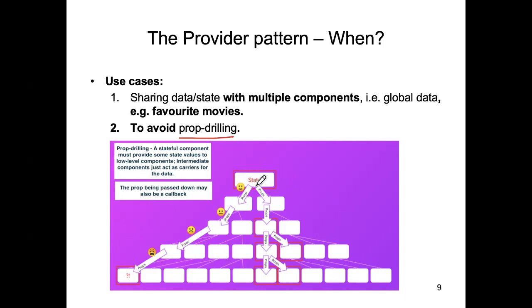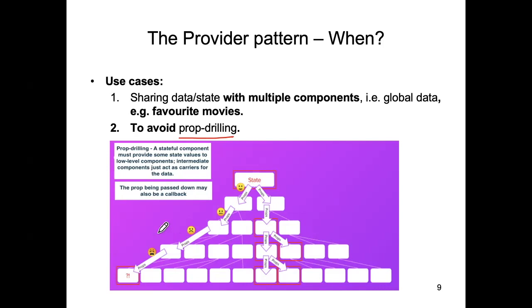So what we could do is pass that data down as props through the component hierarchy. The thing is, these intermediate components don't really use the data. All they do is receive the prop and pass it on. That is what we refer to as prop drilling, and we try to avoid it if possible.